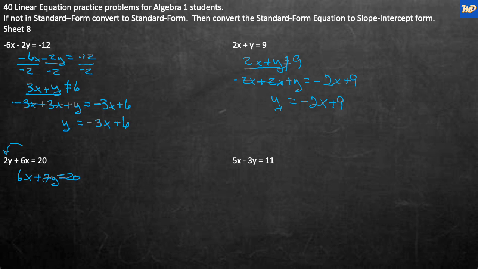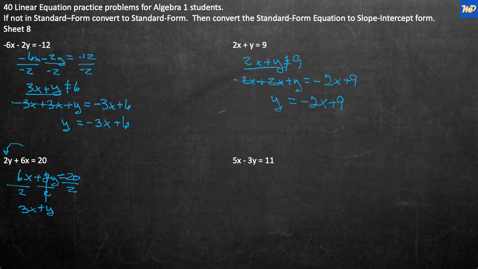By dividing everything by 2, this will end up being a singular y, and that singular y will be used when we get over to the slope-intercept form. So now I'm going to divide everything by 2. So divide by 2, divide by 2, divide by 2. And when I do that, I get 3x plus y, because the 2's cancel.